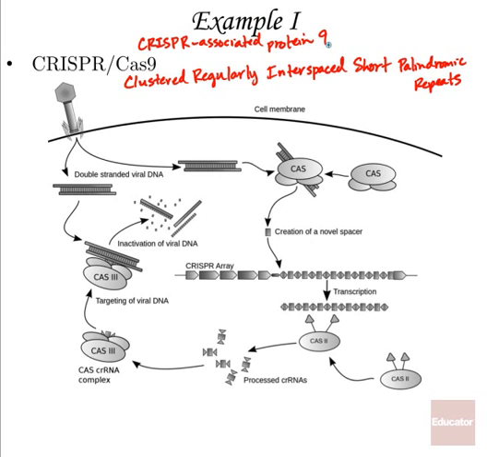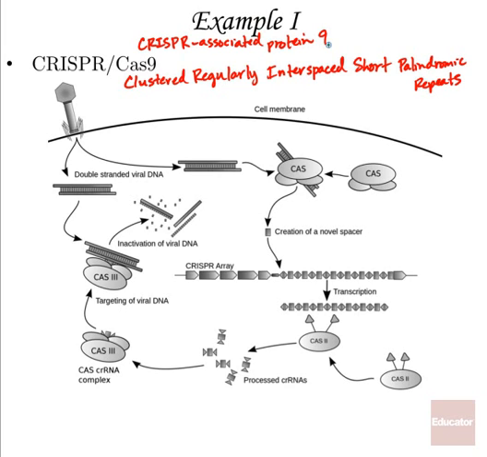So what is this? Basically, CRISPR is a very, let's say, primitive adaptive immune system for bacteria.